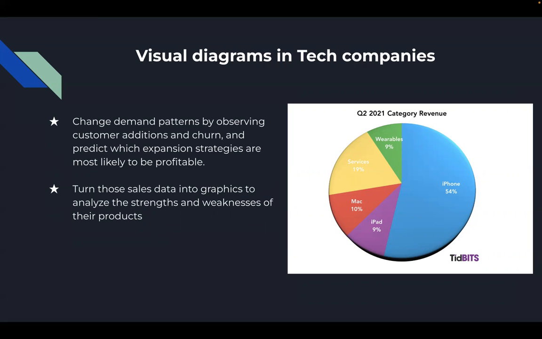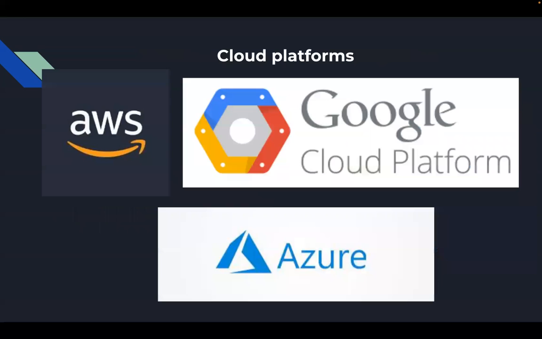But that doesn't mean Apple is consistently profitable on every product. They can use Tableau to turn those sales data into graphics to analyze the strengths and weaknesses of their products. If mobile sales are higher this year, however, iPad sales are not, the company should make more production of iPhones and fewer iPads. So using Tableau in high-tech companies can help them avoid losses and maximize profits.